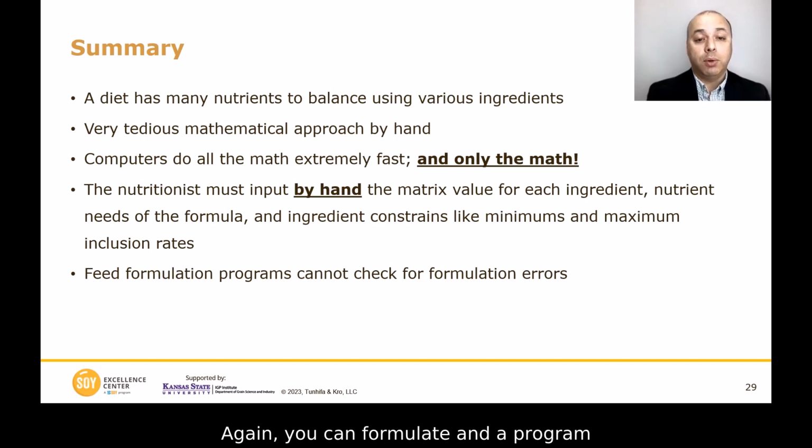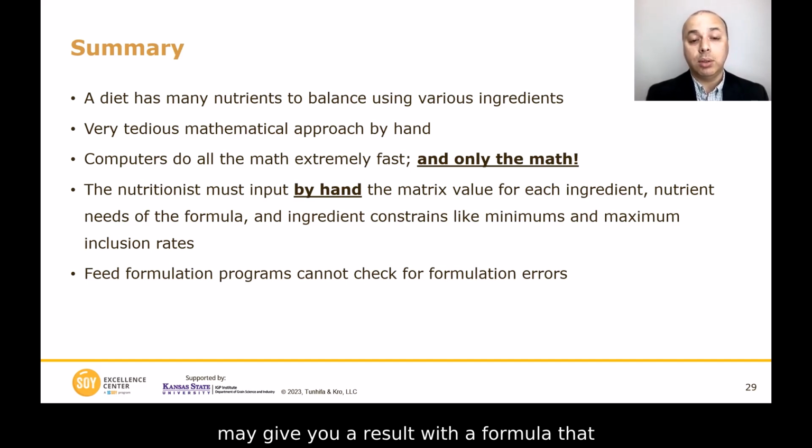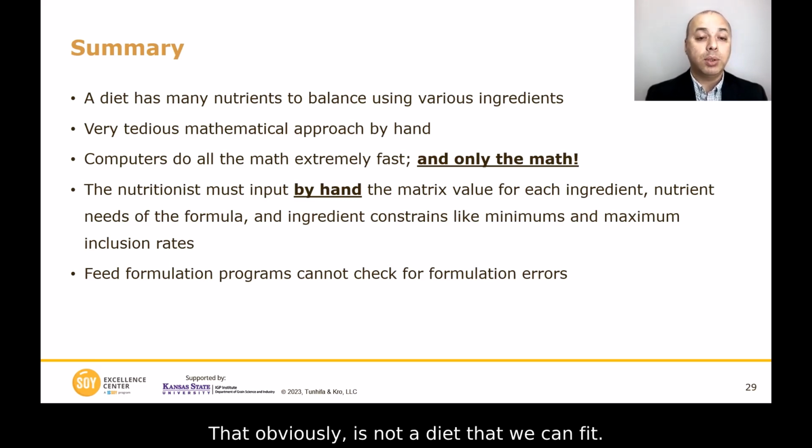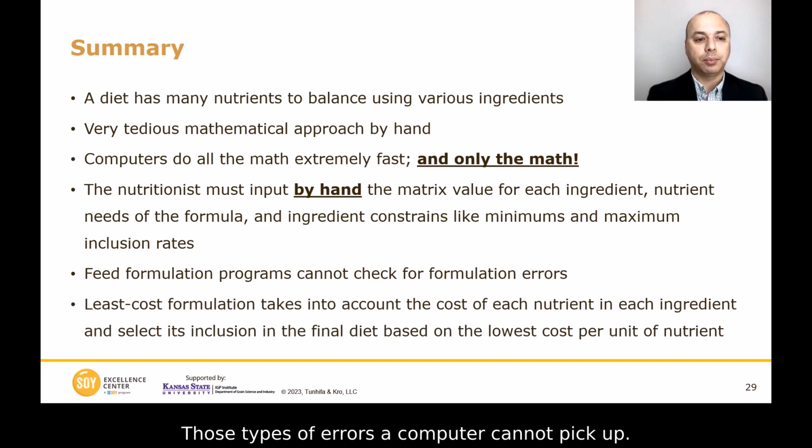Again, a program may give you a result with a formula that contains 10% salt for a pig formula, and if you do the math by hand, you see that the numbers are spot on where they need to be. That obviously is not a diet that we can feed. Those types of errors a computer cannot pick up.